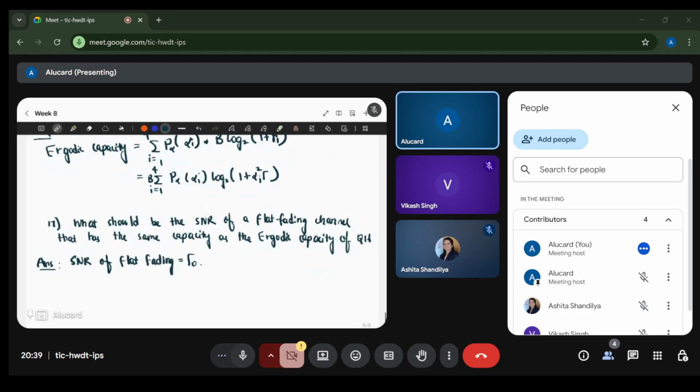Then the capacity is simply B times log of 1 plus gamma 0, and they want it to be equal to the ergodic capacity. We found ergodic capacity in question 16. You substitute the value, then solve this equation, and you will get the value of gamma 0.